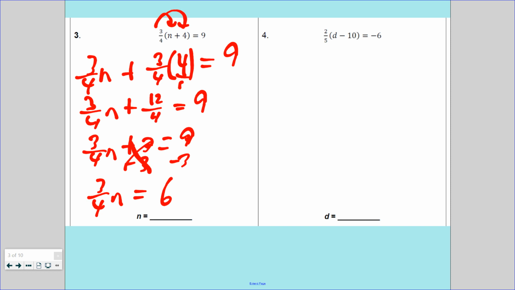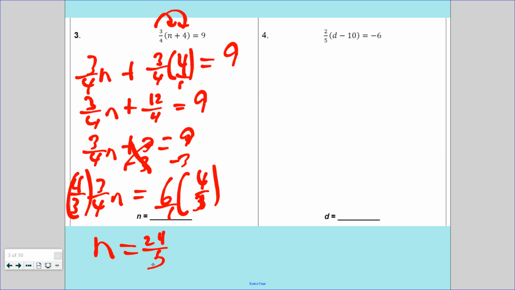When you're dividing by a fraction, you're really multiplying by the reciprocal. So what's the reciprocal of 3/4? 4/3. This becomes 12/12, or 1 whole. So it becomes 1n, or n. What is 6 groups of 4/3? That's 24/3, or 8.